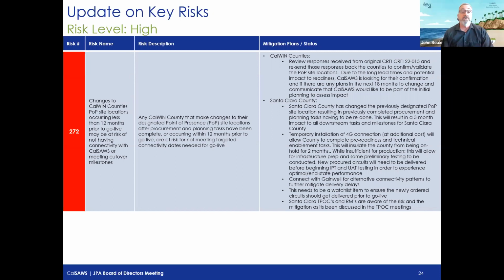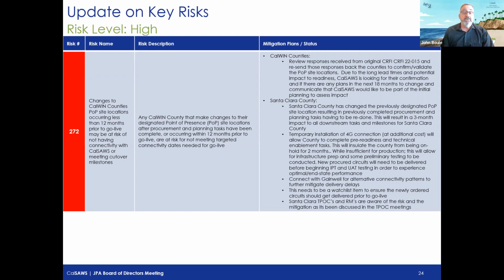Arnold, just to emphasize something that you said, so far in our first 2 waves, we've encountered this risk. We've overcome that for wave 1, but Placer County also was doing a move of their POP location. We worked with the county very closely on that, just like we're working with Santa Clara County.